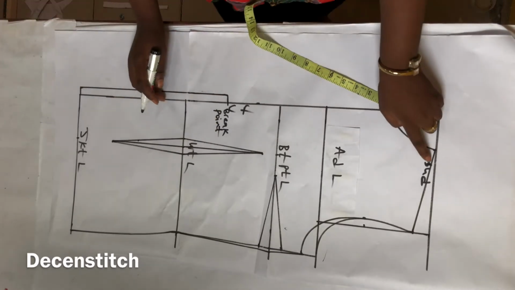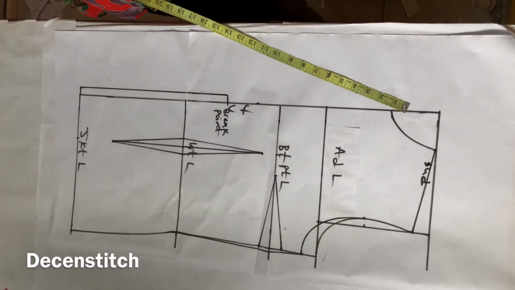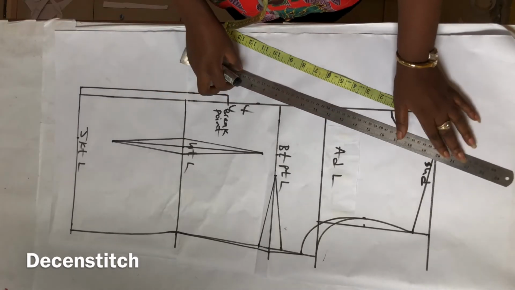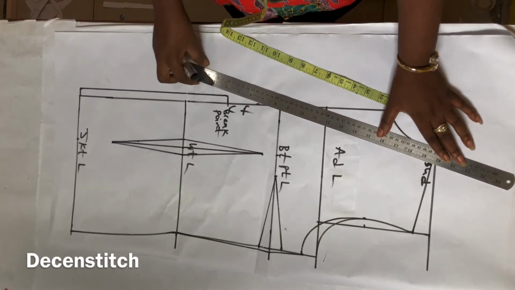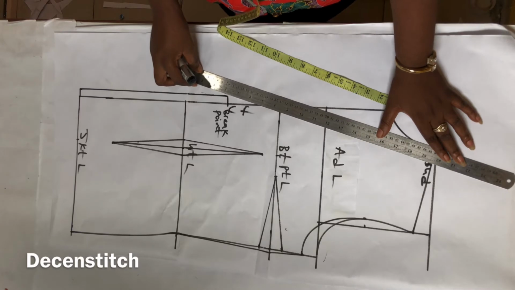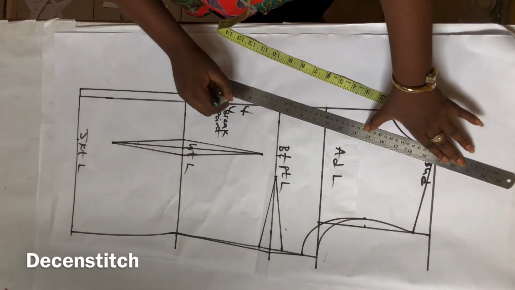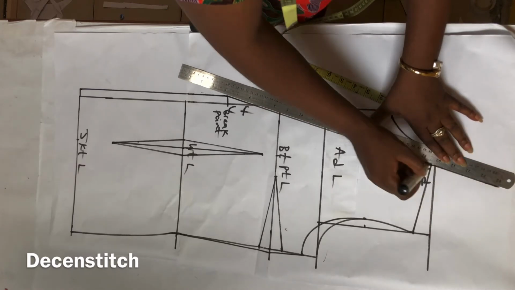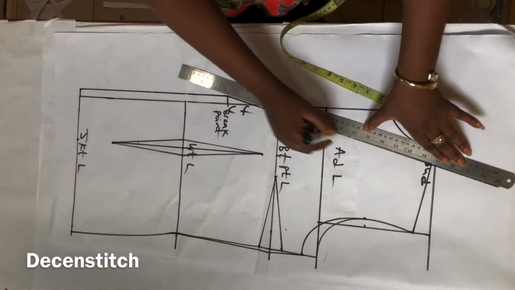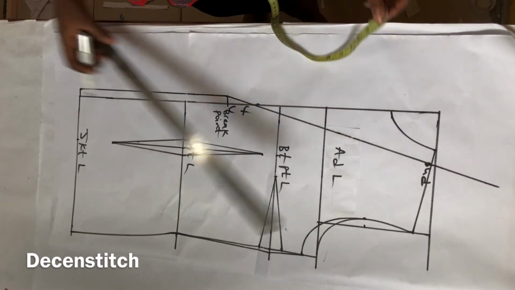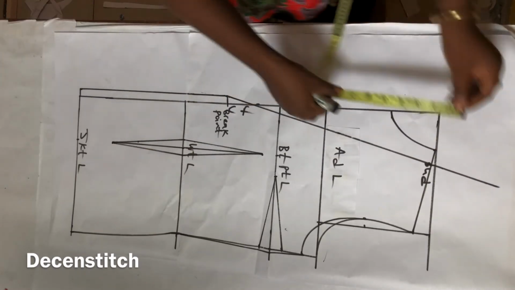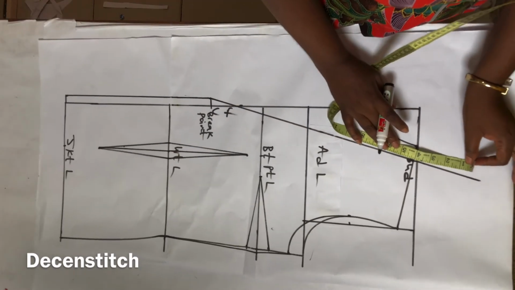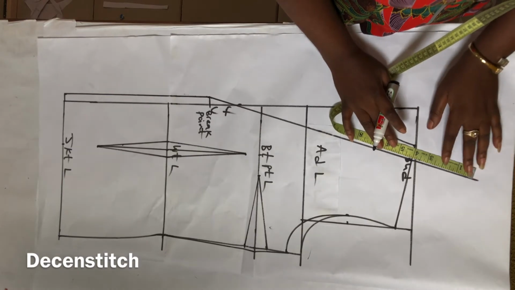I'm going to measure 1 inch on the shoulder there. I use a ruler to connect that 1 inch to my new break point. Then I will extend the line. My extension here is going to be 4 inches.